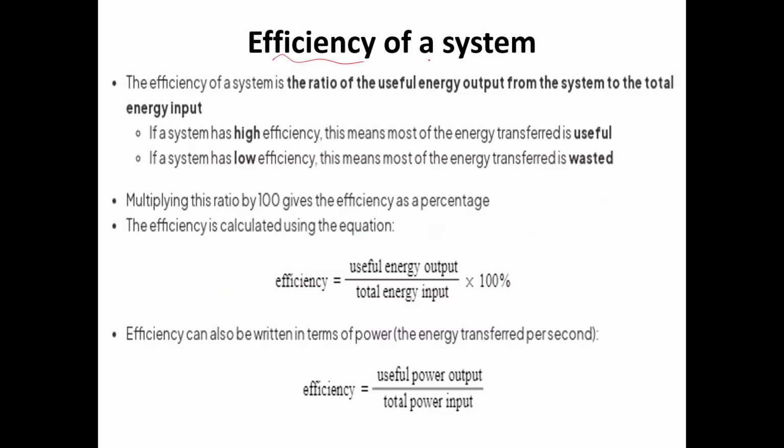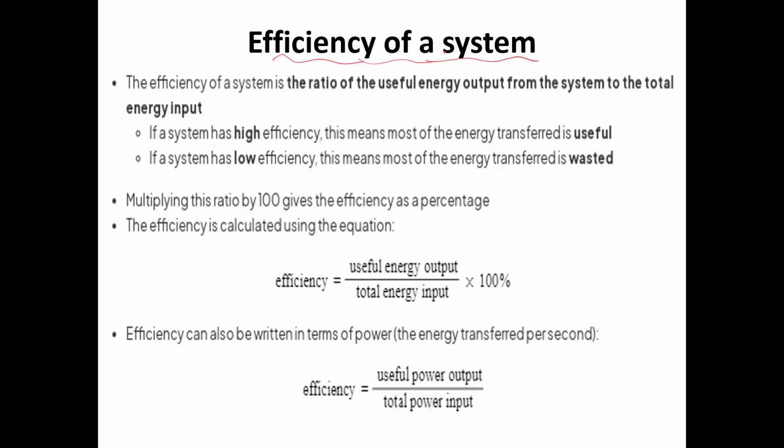So you people are pretty aware what the term efficiency means. Any system is going to be called efficient. What does an ideal system mean, or what is the meaning of any device or machine being near to 100% efficient?